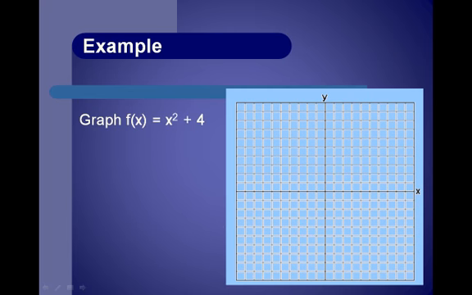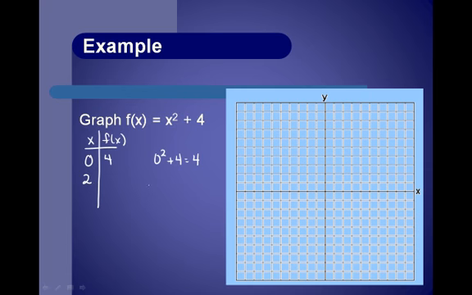The next example, f of x equals x squared plus 4. We're going to start by plotting some points. So if we set up our table, x and f of x, if x is 0, we would get 0 squared plus 4, which is 4. Let's do another one. Let's choose 2 again.